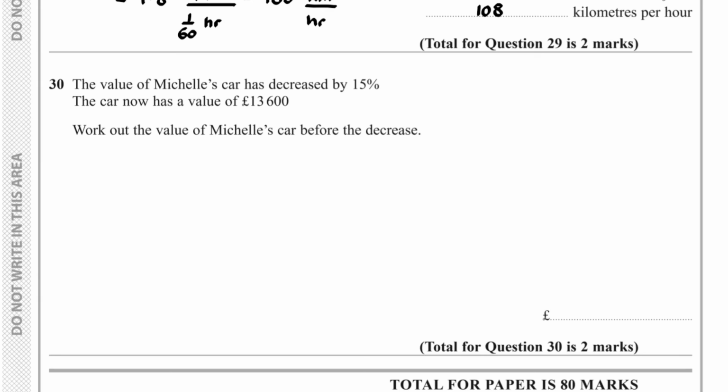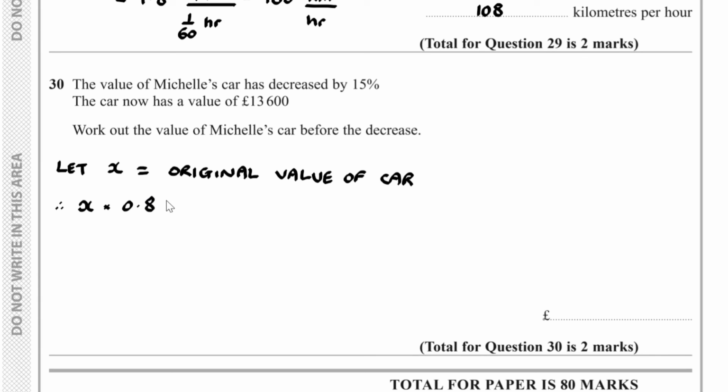Question number 30. The value of Michelle's car has decreased by 15%. The car has a value of 13,600. We have to work out the value of Michelle's car before the decrease. What we'll do is we'll let x equal the original value of the car. So I've got my original, and I'm going to multiply this by the percentage multiplier, which is 0.85.